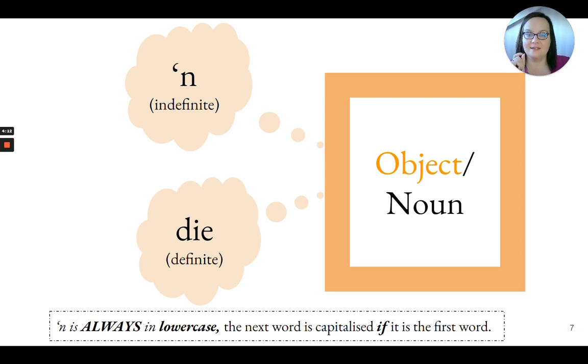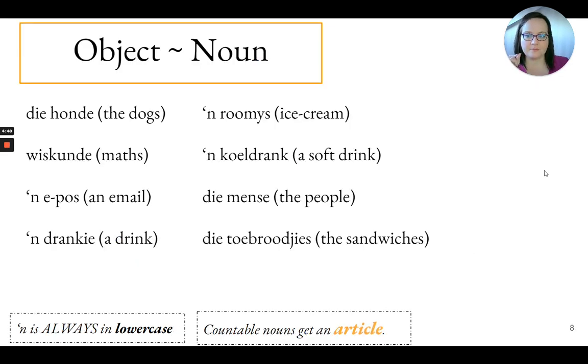It's 'n, and it is always written in lowercase. The next word would be capitalized. So if you start a sentence with 'n, it would always be lowercase, and then the second word would be a capital letter. We'll do a few examples.